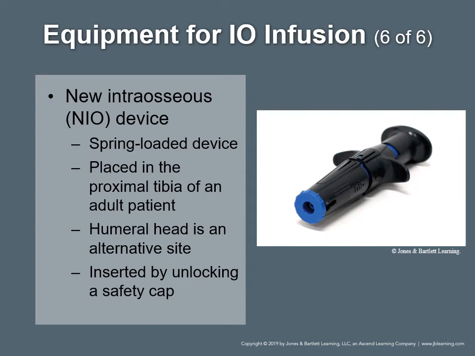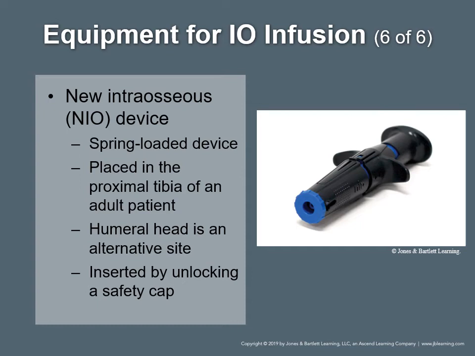The New Intraosseous, or NIO, device is placed in the proximal tibia of an adult patient. The humeral head is an alternative site for this device. It is spring-loaded with neither drill nor battery, inserted by unlocking a safety cap. While applying downward pressure with the dominant hand, the fingers of the other hand are used to pull the trigger wings up to deploy the device.